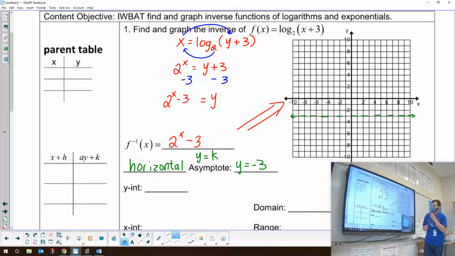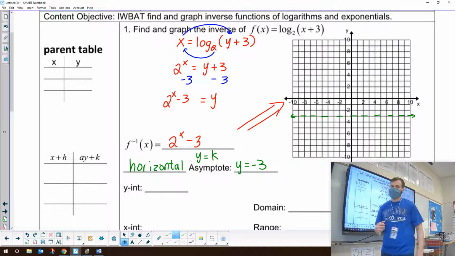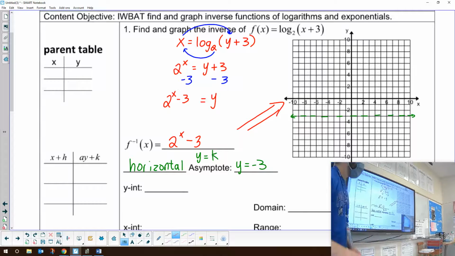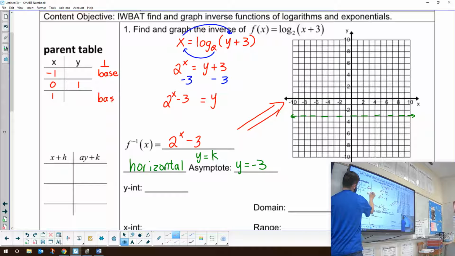Okay, so let's go ahead and fill in our parent table. Our parent table for an exponential looks like this. On the left-hand side we go negative 1, 0, 1, and then we have 1 over my base, 1, and then whatever my base is. In this case, my base was 2, so we have 1 over 2, or 0.5, 1, and then 2.